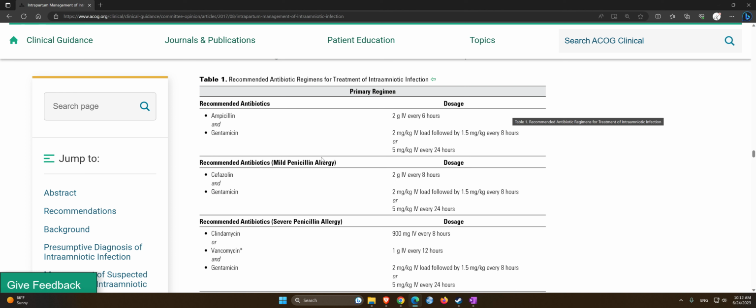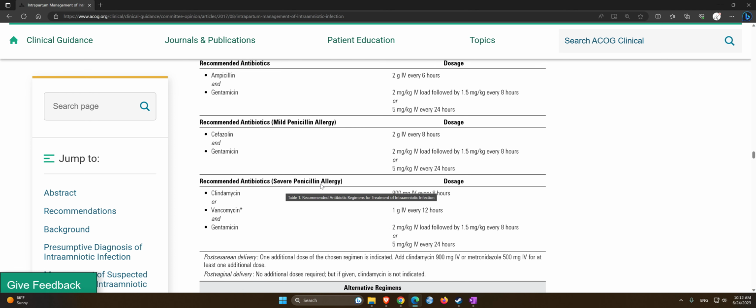If the patient has mild penicillin allergy, cefazolin 2 gram IV every 8 hours plus gentamicin 5 mg/kg IV every 24 hours. I think gentamicin is for gram negatives.